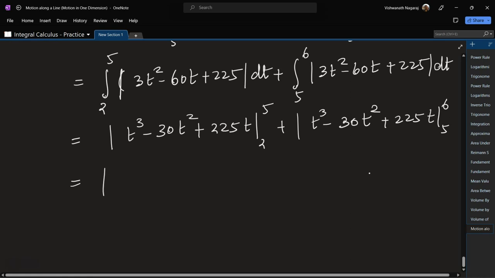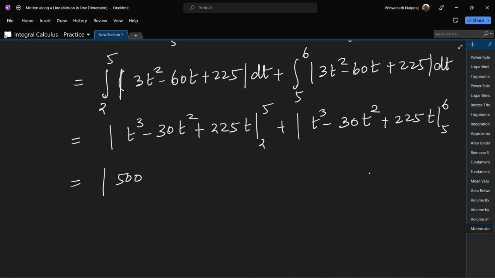What do we get? We get 500 if we substitute 5, minus if we substitute 2 we get 338, plus absolute value of, if we substitute 6 we get 486 minus if we substitute 5 we get 500.